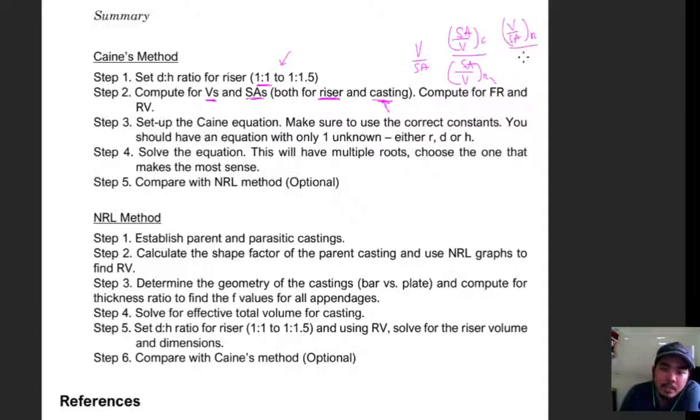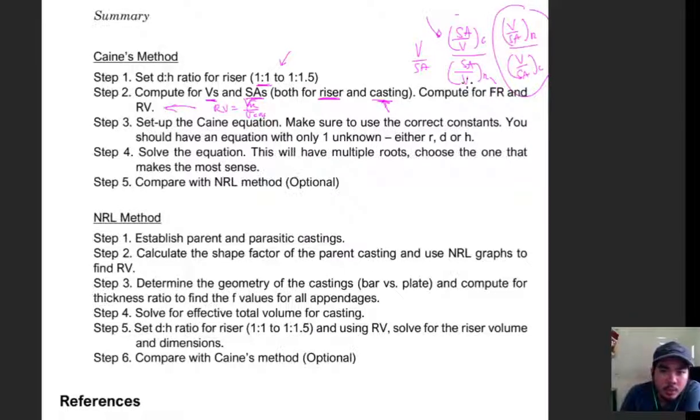So magiging baliktad siya, volume over surface area ng riser over volume over surface area ng casting, which is analogous to your RV, which is equal to volume ng riser over volume ng casting. So dito nasa taas ang riser, nasa baba ang casting. Again, mas preferred ko to, but if you want, you can also use this one. It will still give you the same final answer, no?